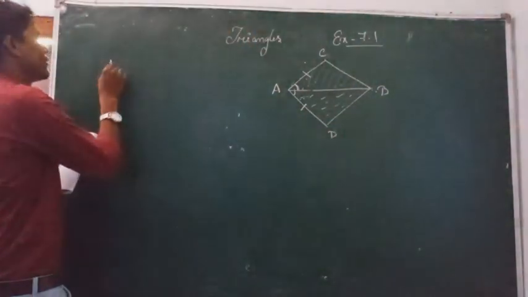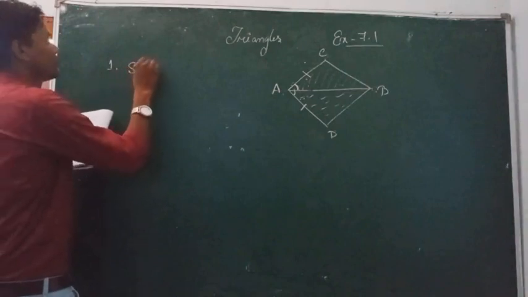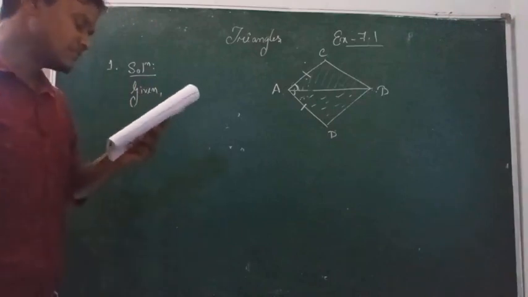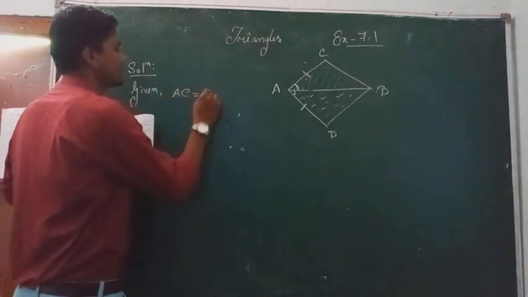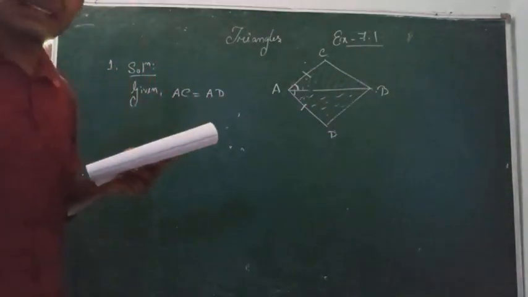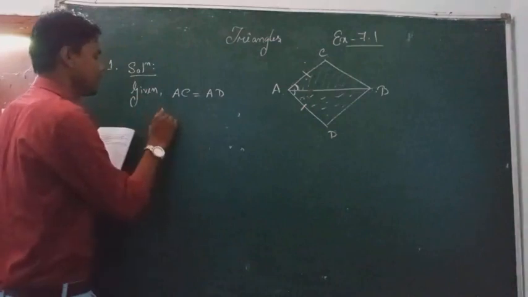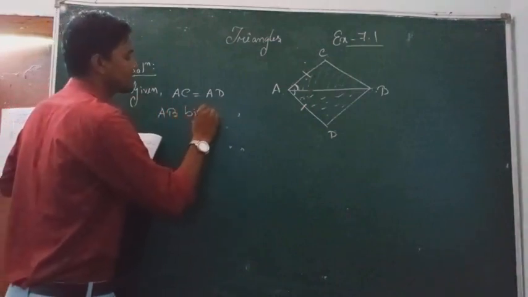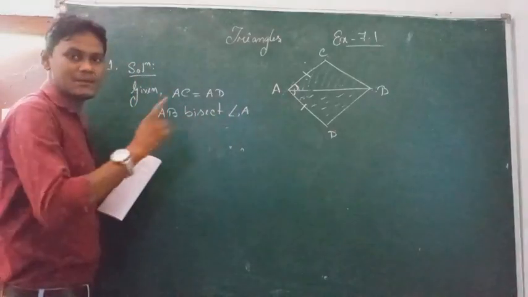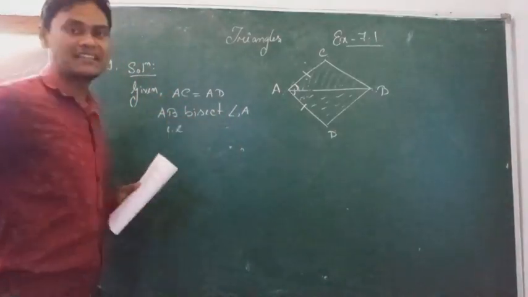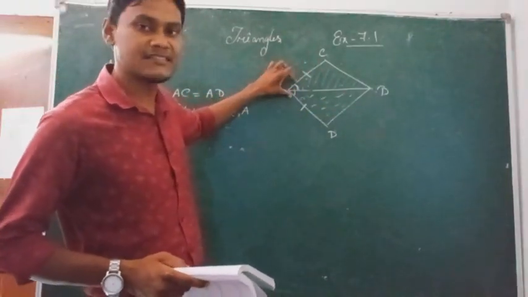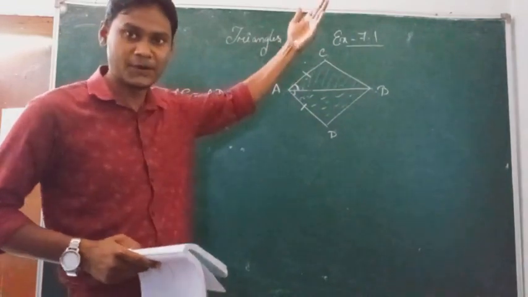Question number one, let's note down the given data. First of all, it is given that AC is equal to AD. Along with that, it is given that AB bisects angle A. AB bisecting angle A means this angle A is divided into two equal parts, the upper part and the lower part.